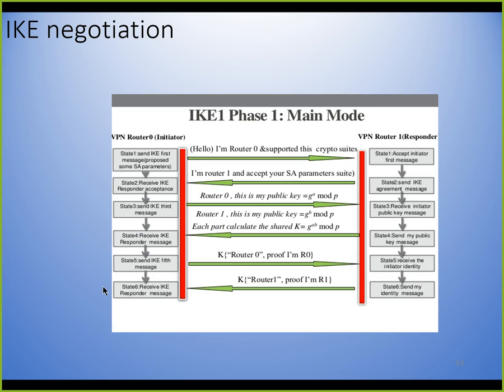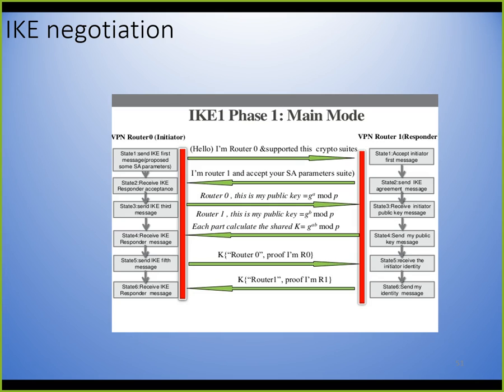This is phase 1, sort of the states that go on with it. Hello, I'm router 0, and I support these crypto suites. And the answer is, I'm router 1 and I accept your security association parameters suite. Router 0: my public key. Router 1: this is my public key.